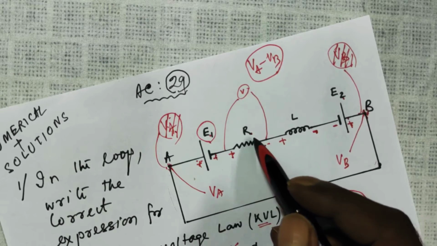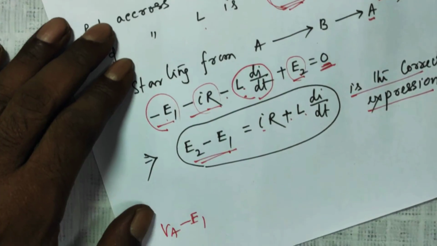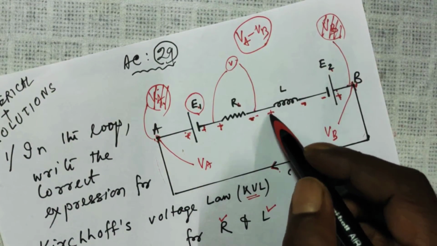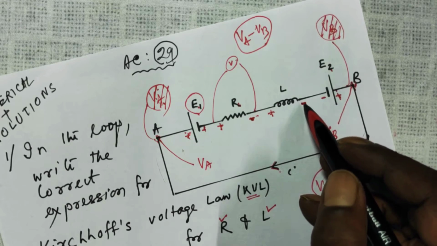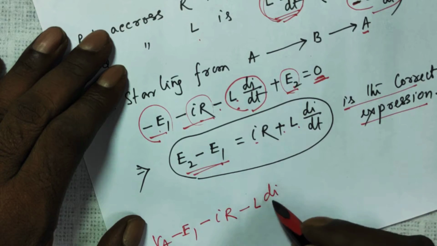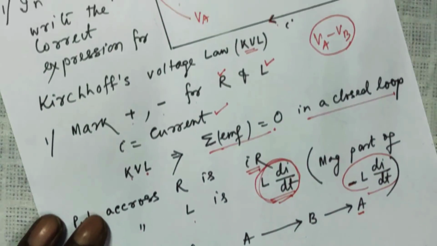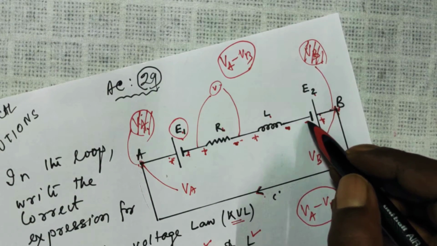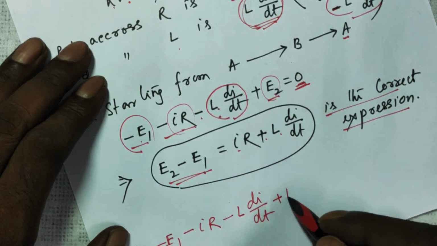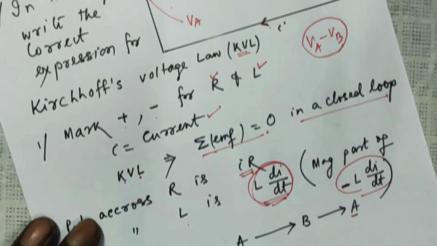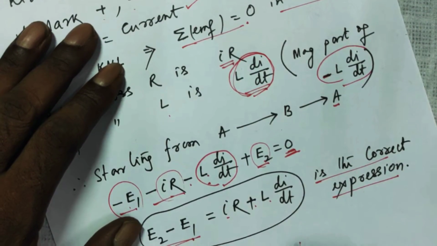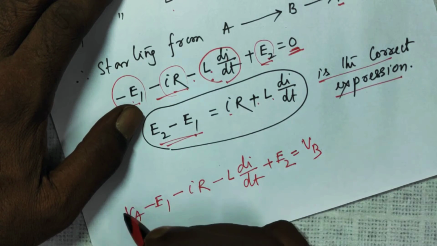Plus to minus, IR. Plus to minus, arriving at minus L di by dt. Minus to plus, an increase, plus capital E2. Then I arrive at B, so it is equal to VB.